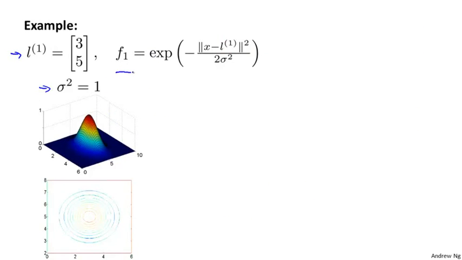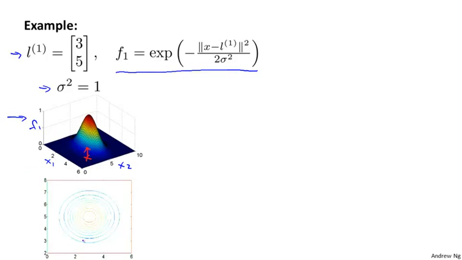If I plot what this feature looks like, what I get is this figure. The vertical axis, the height of the surface, is the value of f1, and down here on the horizontal axes are x1 and x2. Given a certain training example with values of x1, x2, the height above the surface shows the corresponding value of f1.